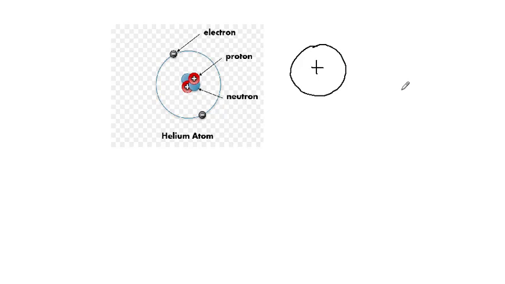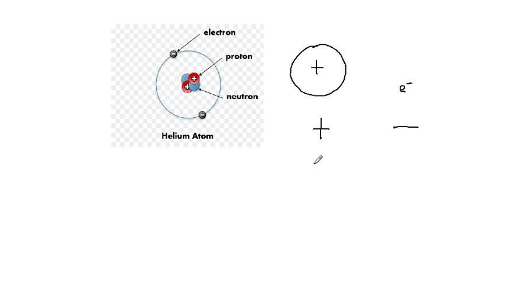The electron is tiny and it's on the outer orbits of the atom. 2,000 times difference in mass. But if you look at the magnitude of the charge, the plus and the minus, they are equal. So from here forward, we're going to call the proton the plus and the electron minus.